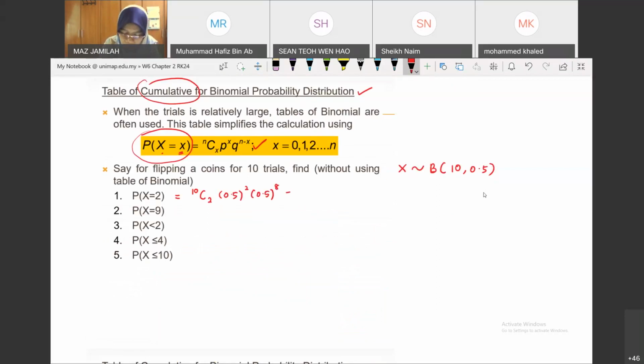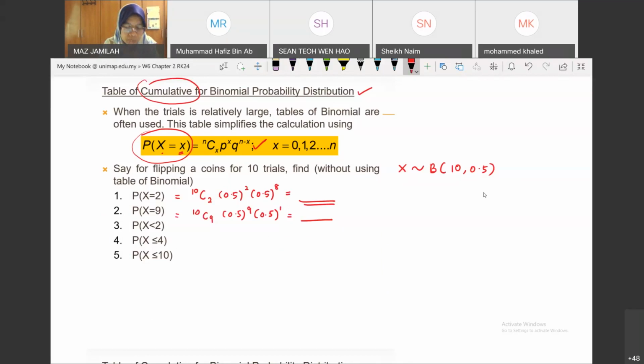You can simply use your calculator, you get the answer. Also, X equal to 9: you can also use 10C9, 0.5 to the 9, 0.5 to the 1. You can directly get your answer.